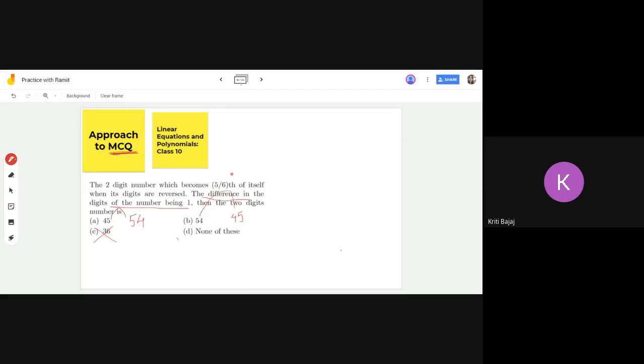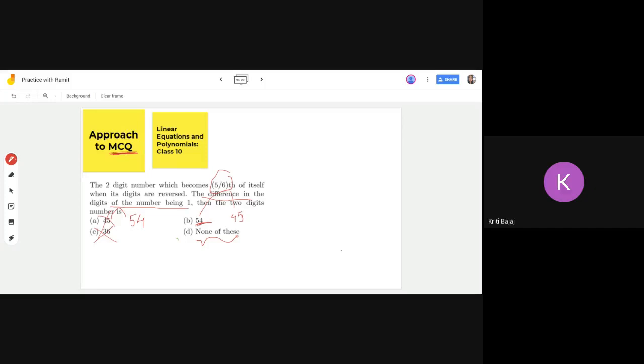Now, 5/6 of itself is a fraction lower than itself or larger than itself? Lower than itself, absolutely. So it becomes lower than itself. Which option can you not accept? 45. Absolutely.